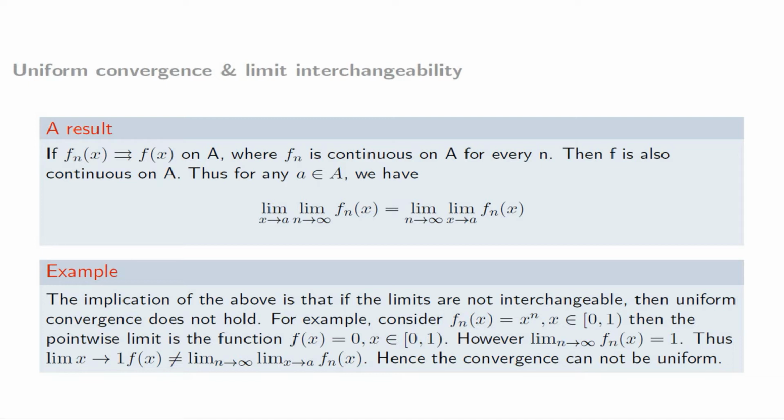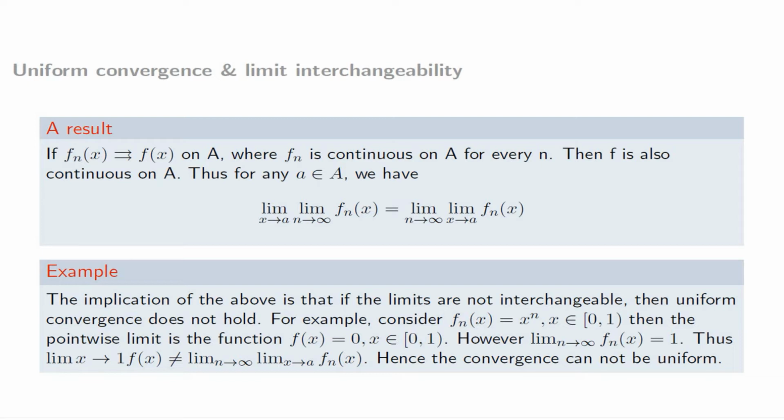The implication of the above is that if the limits are not interchangeable, the uniform convergence does not hold. So, this result gives us a way of checking uniform convergence in some indirect way.